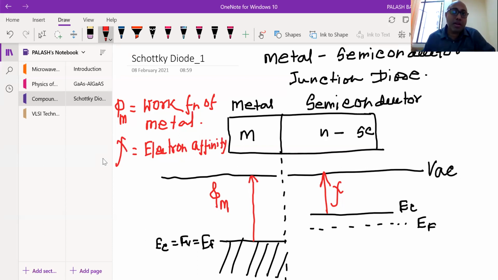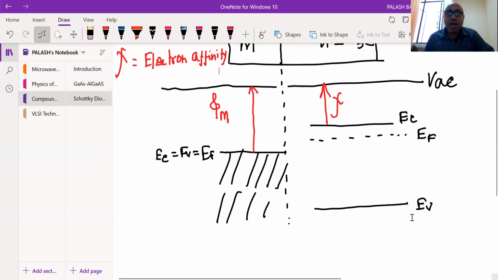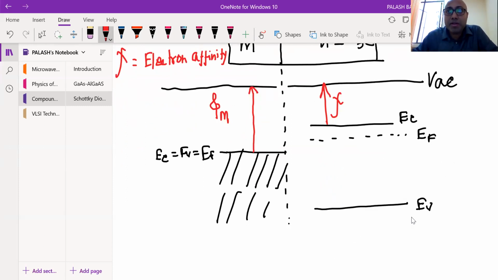So this is chi, the electron affinity. And the other parameter, Eg, I don't need to tell you about because you know this part.